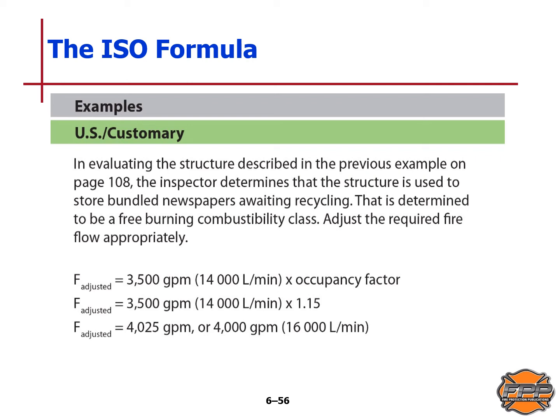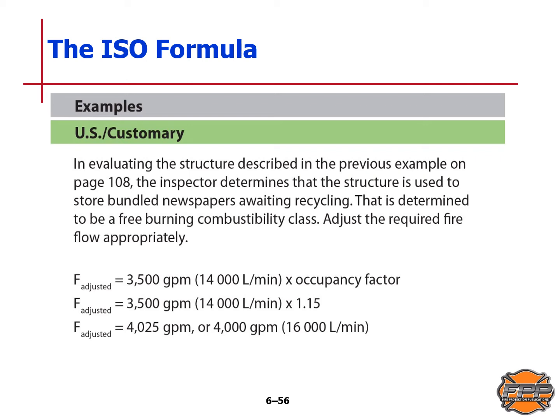In the case of a bundled newspaper recycling storage facility, you have 3,500 gallons per minute, or for metric, 14,000 liters per minute, and you multiply that times a factor of 1.15. That gives you a flow adjusted rate of 4,025 gallons per minute, or 4,000 gallons per minute because you're rounding to the nearest thousand. That is 16,000 liters per minute.